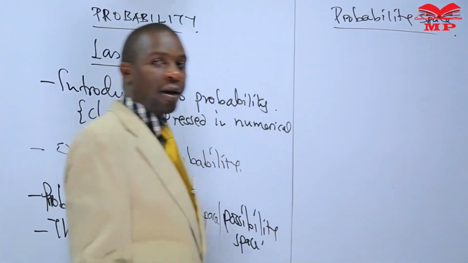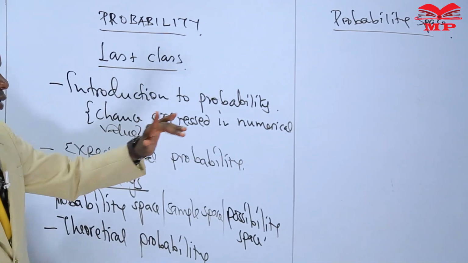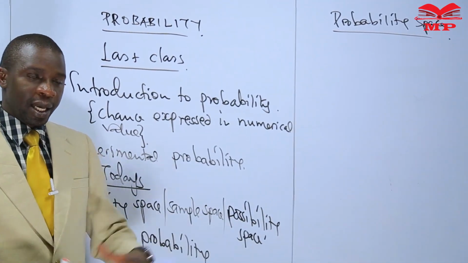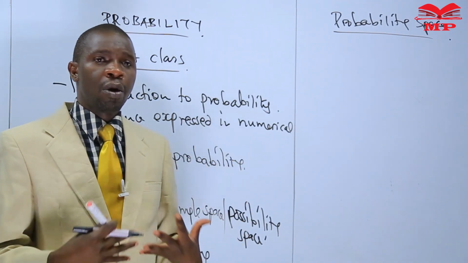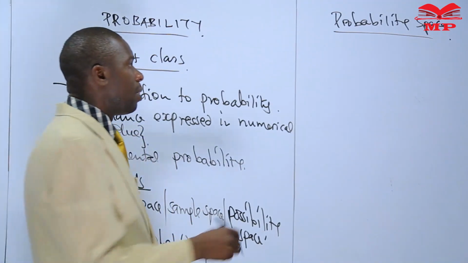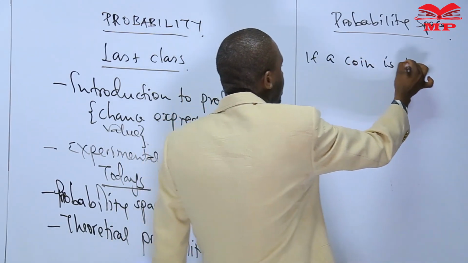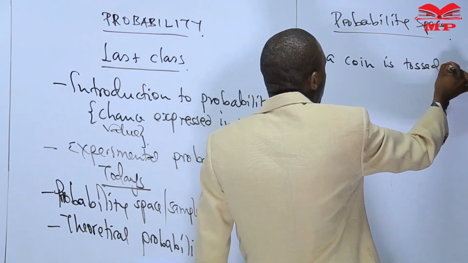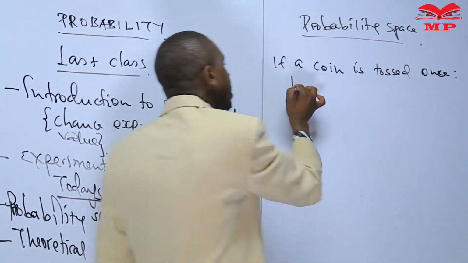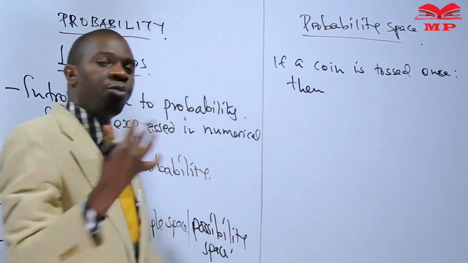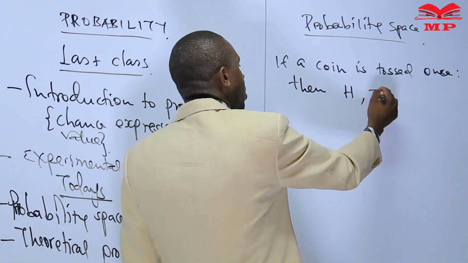Now, like I've just mentioned, probability space is also called a sample space and is also called possibility space. Now, it normally refers to the number of total possible outcomes. For example, if a coin is tossed once, then the number of possible outcomes will be either head or tail.